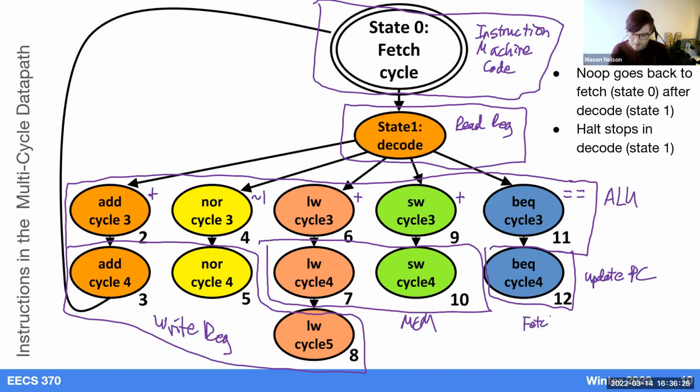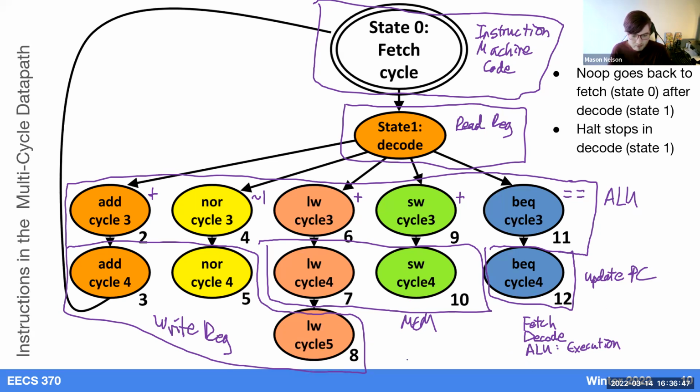So we had a fetch for instruction machine code. We had a decode. We had some sort of ALU operation, which I'm going to call execution. Then, depending on what's going on, we could either write the register or access memory or update the PC.